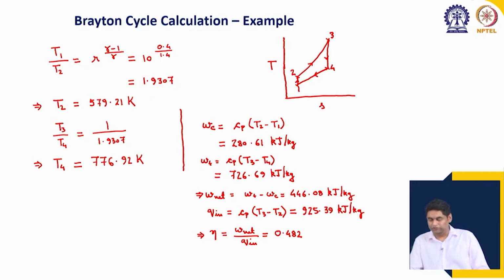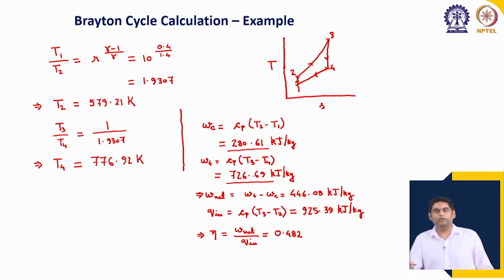Just a few points before we end the class. One is that see the value of turbine work output and compressor work input. The compressor work input is a significant fraction of the turbine work output. So, for gas turbines, a significant amount of work generated by the turbine goes for just running the compressor itself.